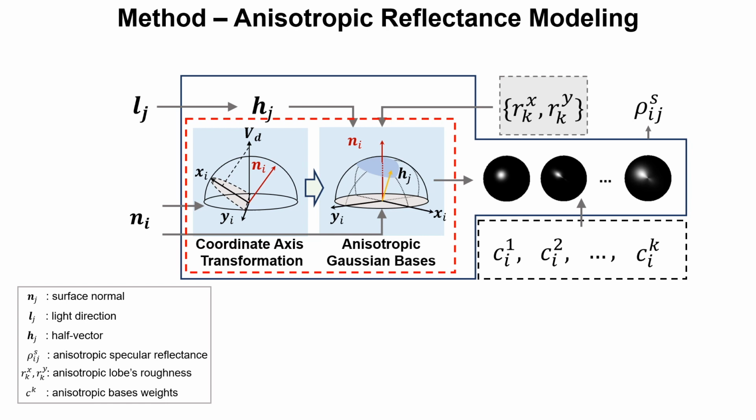Here, we represent spatial invariant specular reflectance as a weighted summation of anisotropic Gaussian bases instead of isotropic Gaussian bases. This method integrates coordinate axis transformations and anisotropic Gaussian basis calculations to accurately model the anisotropic reflectance.